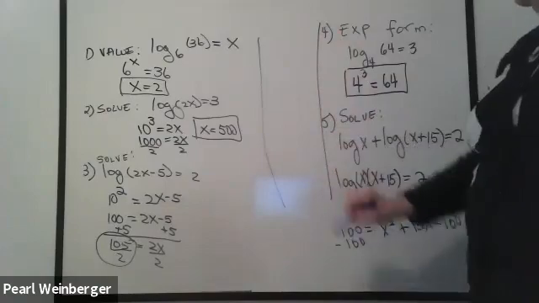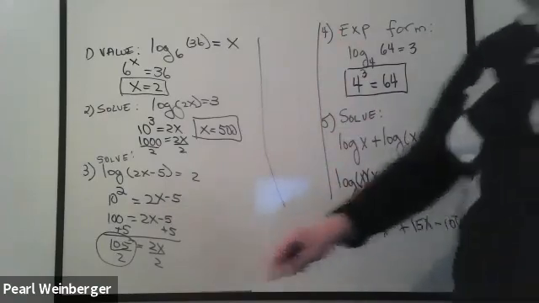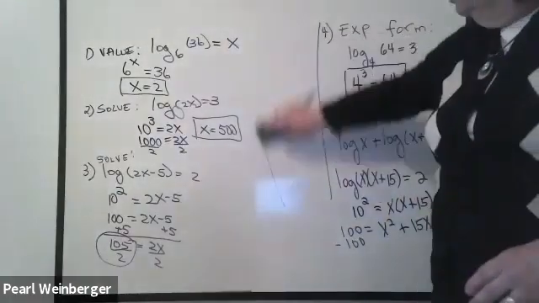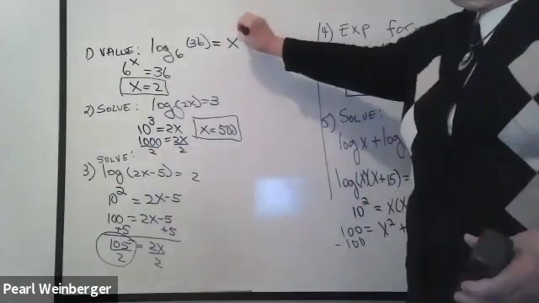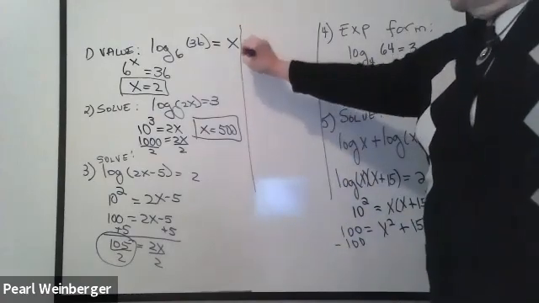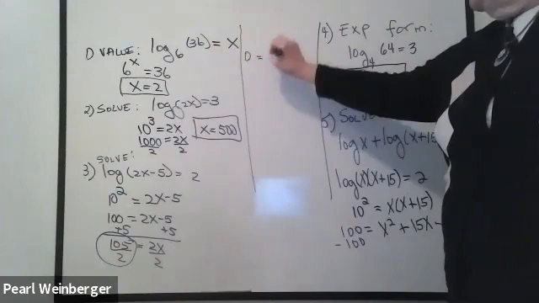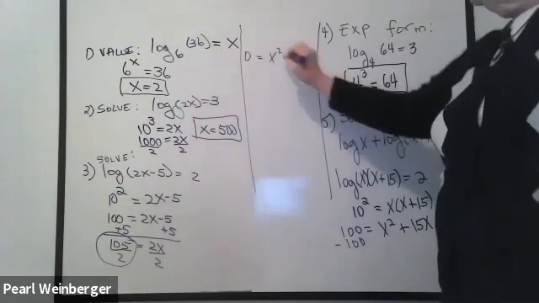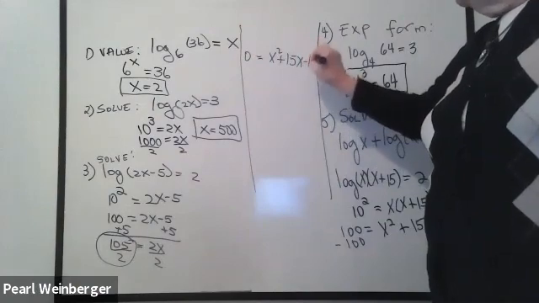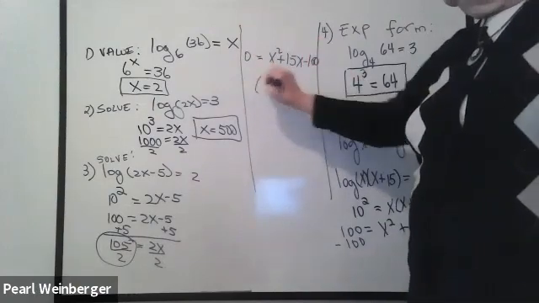So this is now giving me zero equals x squared plus 15x minus 100. And we have to factor this.